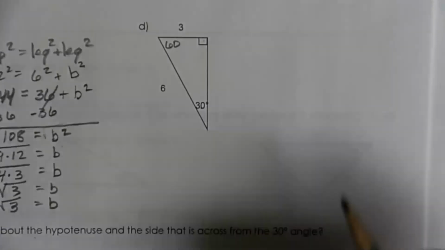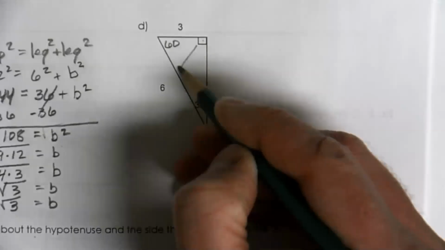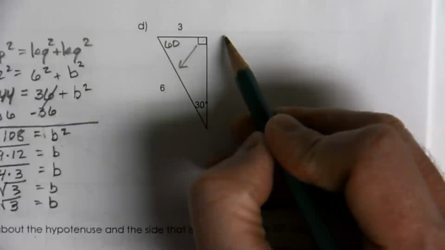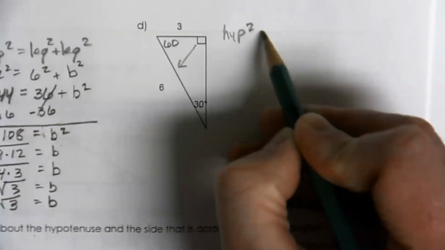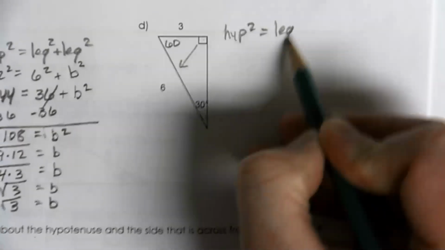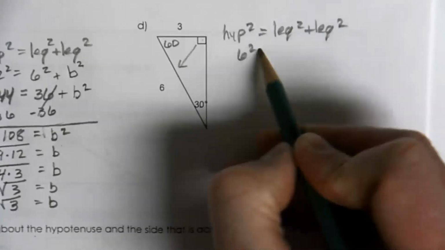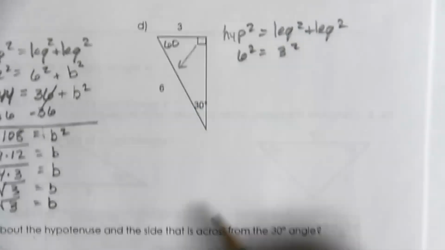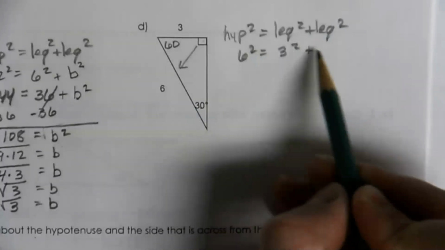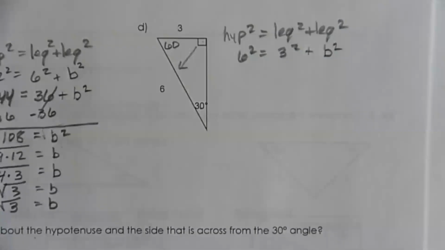So identifying where a hypotenuse is, we'll do hypotenuse squared equals leg squared plus leg squared. So we got 6 squared, 3 squared, and our missing side. We can call that any letter we want.